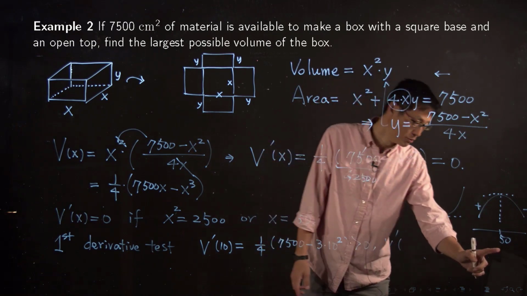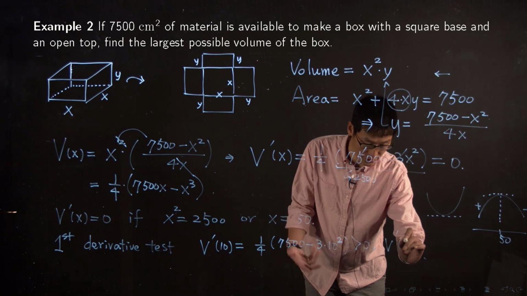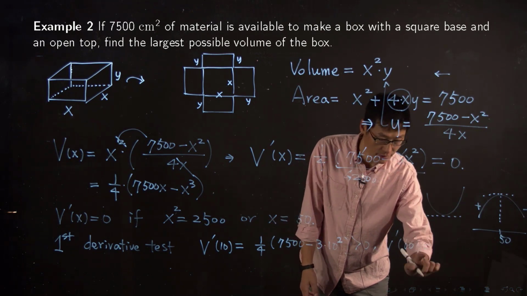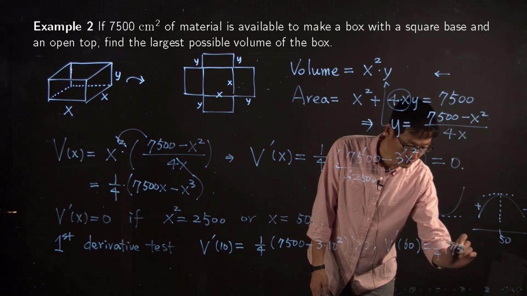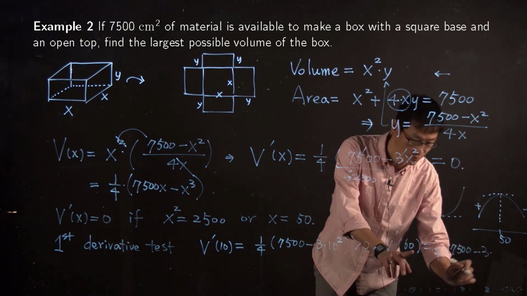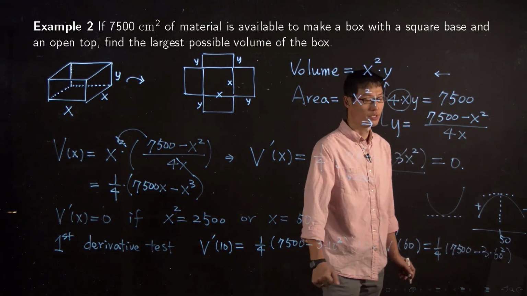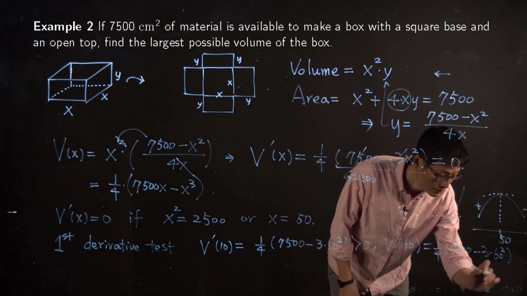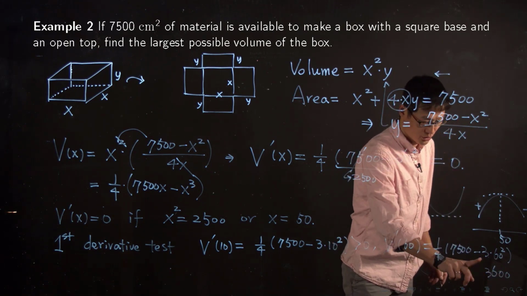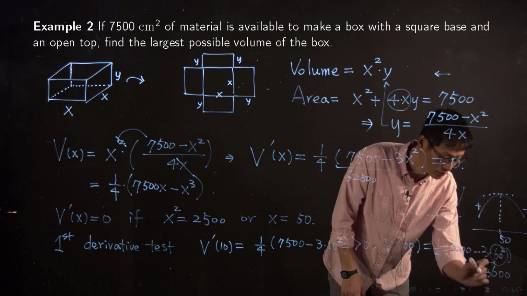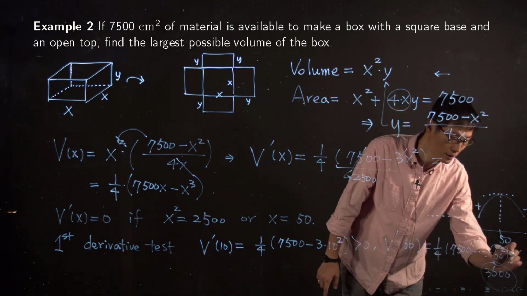And you choose any number larger than 50, say 60. v prime of 60 is 1/4 times 7,500 minus 3 times 60 squared. Well, 60 squared is 3,600. When you triple, of course, this is greater than 10,000. Of course, we have negative.